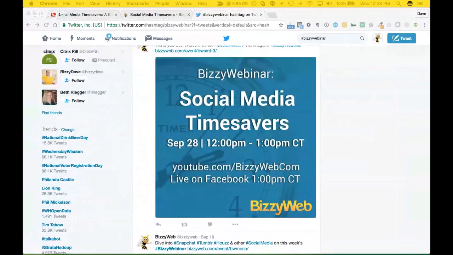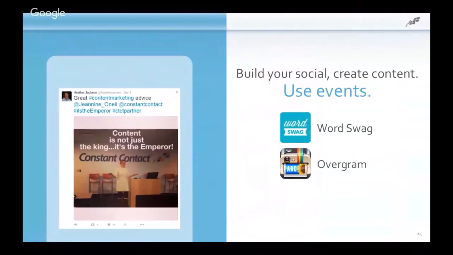So BizzyWebinar, social media time savers, the date and time, how to get there, live on Facebook, and when, right? That was done using an image editing tool that we embed, and you can use WordSwag, Overgram, PowerPoint, Photoshop, of course, or Canva, and some other tools that I'll share with you shortly.